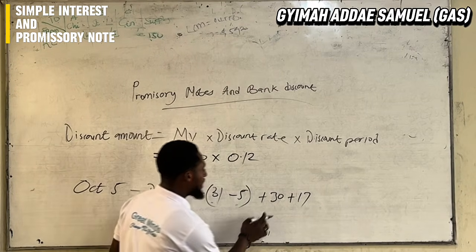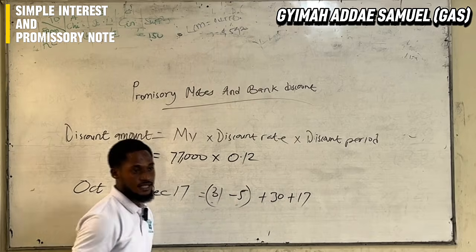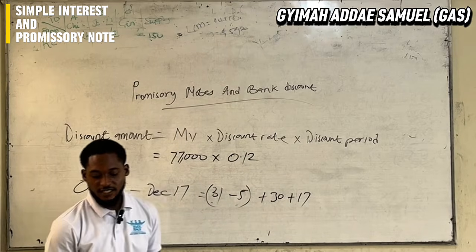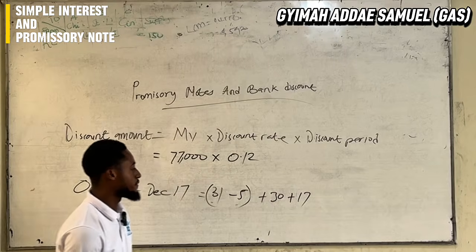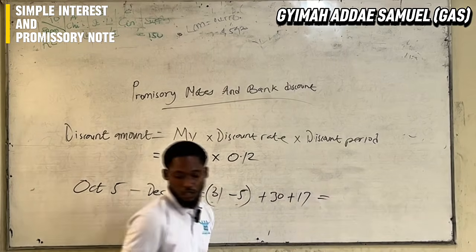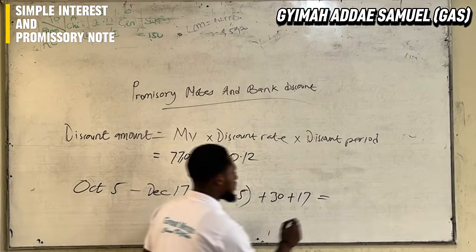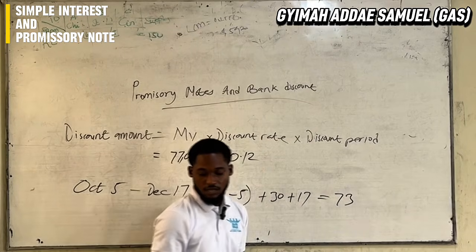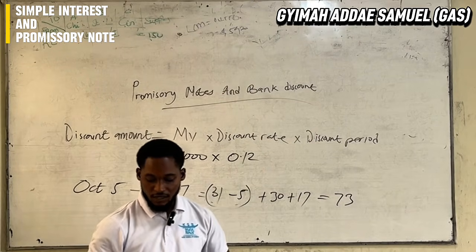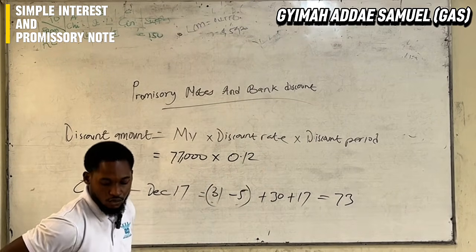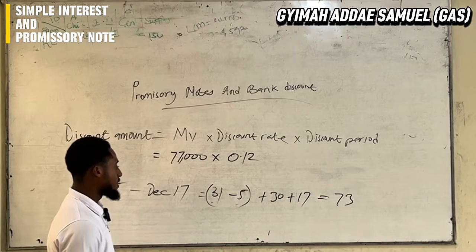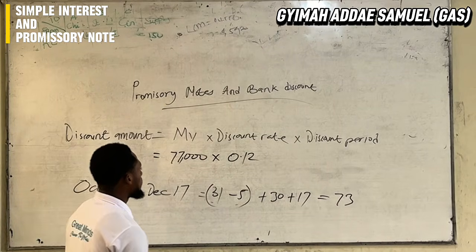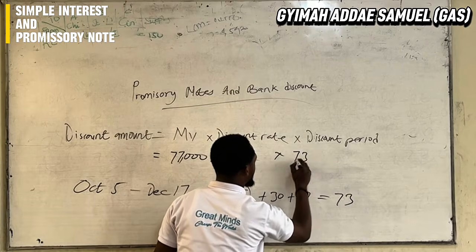When you add 26 to the 30, you are getting 56. And when you add 17 to 56, you are getting 73. So 73 here is going to be your discount period.